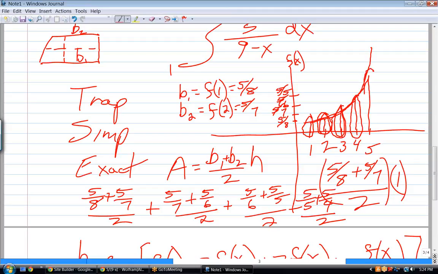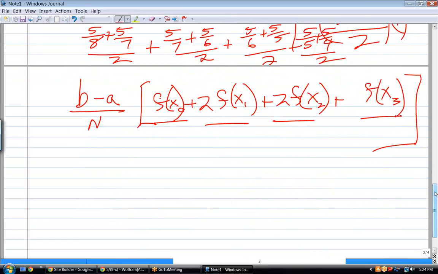So we need a fourth one. I've only got 3 there. So there's a middle one here, which is 2f of x sub 3 plus f of x sub 4.